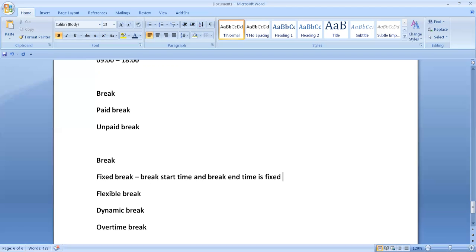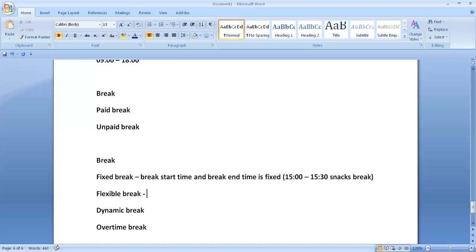For example, you can say 3 p.m. to 4 p.m. In SAP we don't maintain like that, so you are maintaining 15:00 to 15:30, for example. 15:30 is a snacks break or tea break or coffee break, you can say. This is an example of a fixed break.